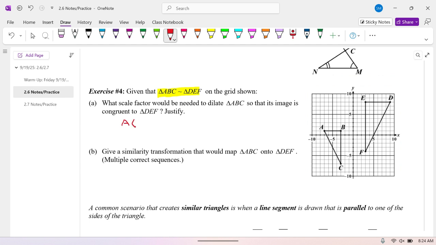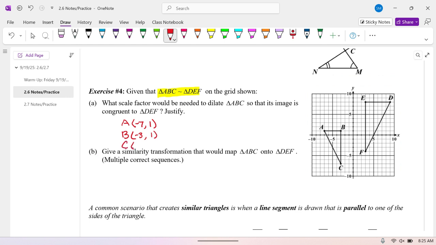So A is at what point? So it'll be -7, 1. What's B? It'll be -3, 1.